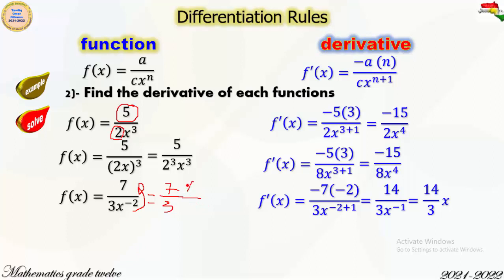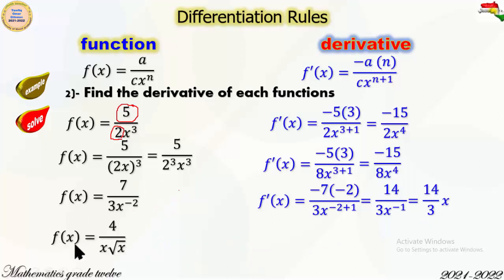It becomes x to the power 2. And then take the derivative: f prime of x is equal to 2 times 7 over 3. Take a number from the power, 2 minus 1 is 1. As you can see, it is the same answer.